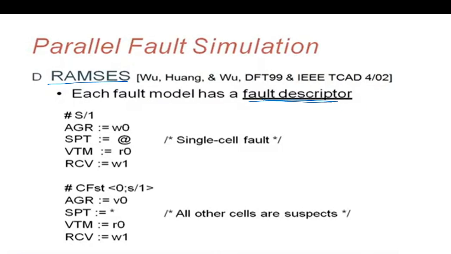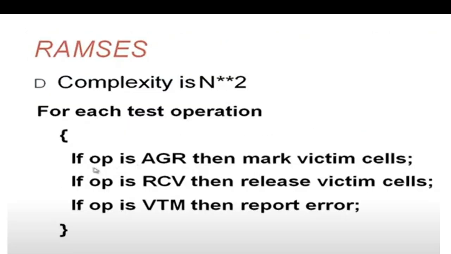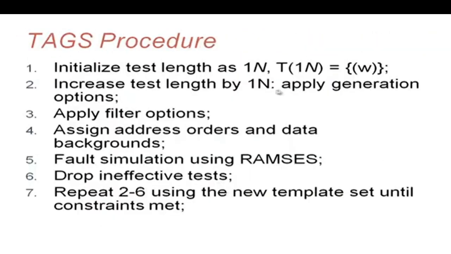The descriptor consists of AGR, which is for aggressor, SPT, which is for suspect, VTM, which is for victim marking, RCV, which is for recover, and CFST.